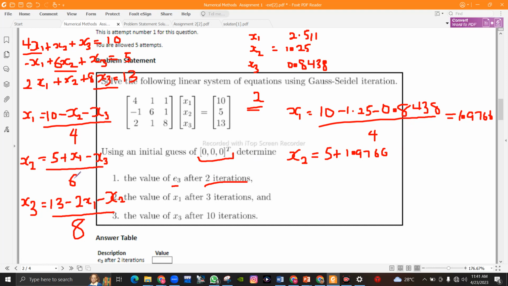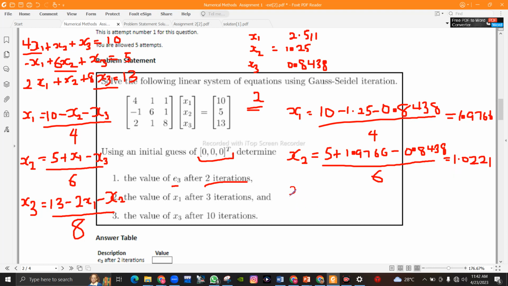Then again minus x3. x3 is 0.8438 divided by 6. If you calculate this, you're going to have 5 plus that divided by that. So you're going to have 1.0221.